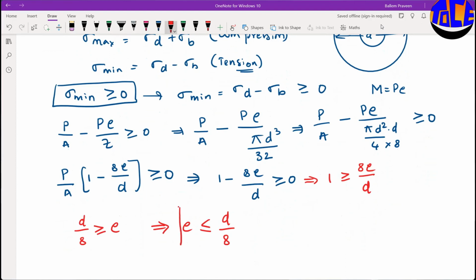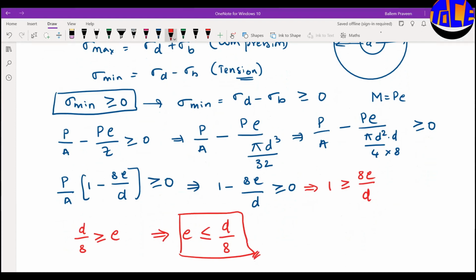This is the eccentricity within which there will be no tensile stresses, or in other words, the eccentricity of loading. E is nothing but the eccentricity of loading, right? So if you apply the load within this region, that is d by 8, there will be no tensile stresses.